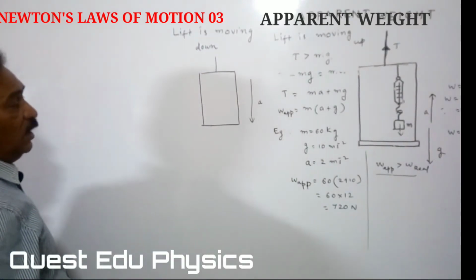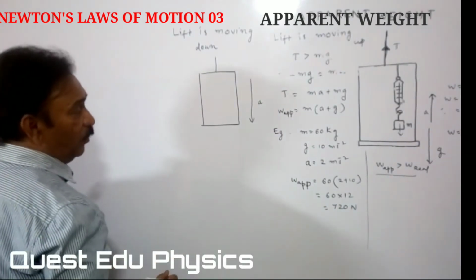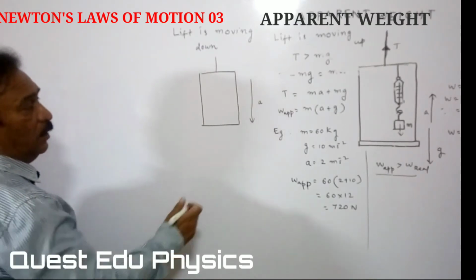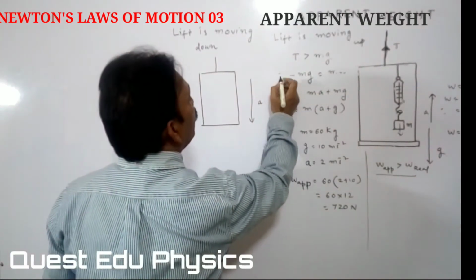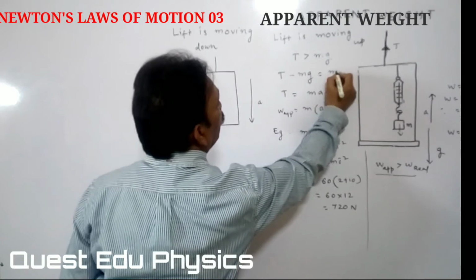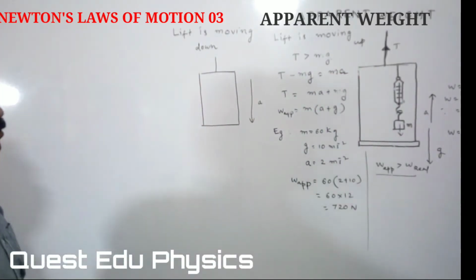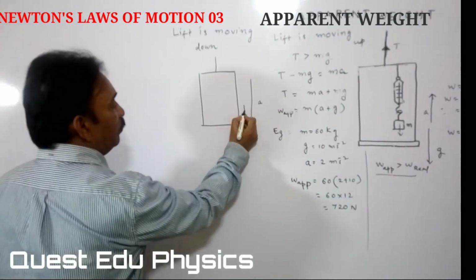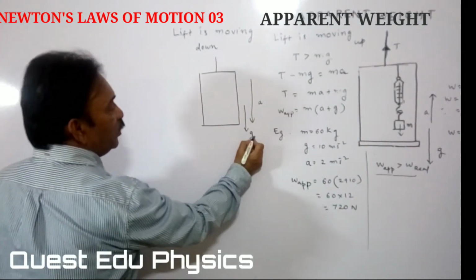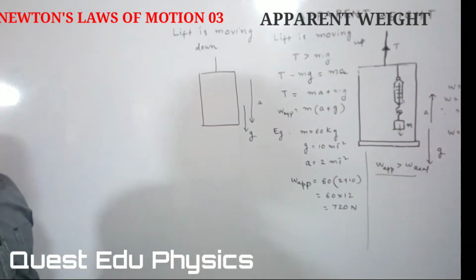Okay, students, in this case if you observe the reading, what happens here? Acceleration and acceleration due to gravity are acting vertically downwards.